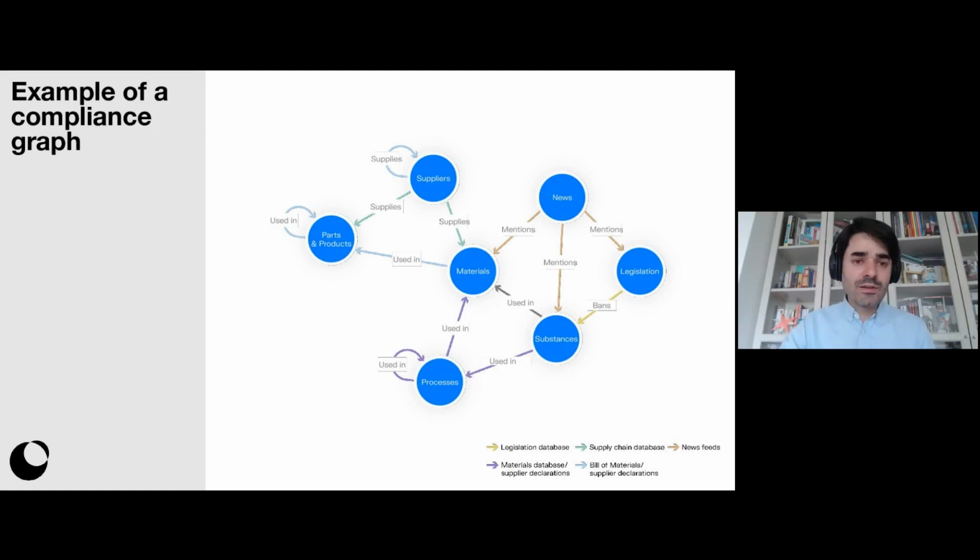And now here is an example of a compliance graph. If you're in the industry, chances are that your products must comply with some rules and regulations. For example, in Europe, we have REACH, which addresses the production and use of chemical substances and their potential impacts on human health and the environment.